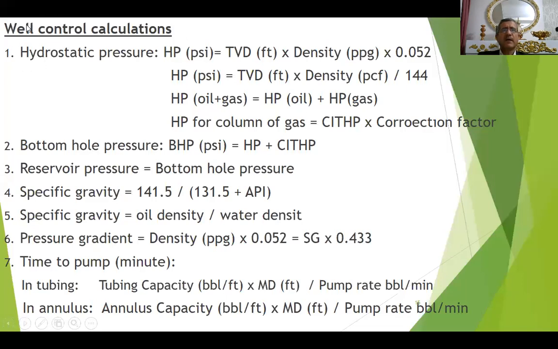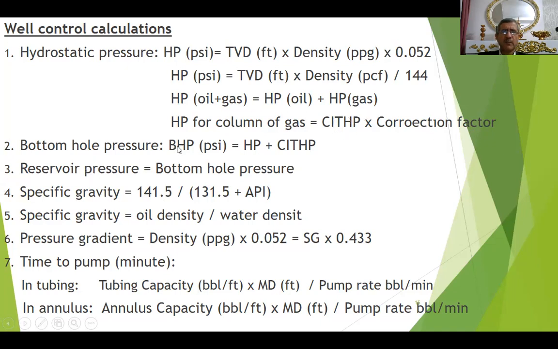Here we have the calculations for well control. These formulae can be memorized by heart. Hydrostatic pressure equals vertical depth times density times a constant. Also, if we have hydrostatic pressure for oil and gas, we can add the hydrostatic pressure for oil to the hydrostatic pressure for gas. If we have a gas column, we can obtain the correction factor for the gas times the closed-in tubing head pressure.